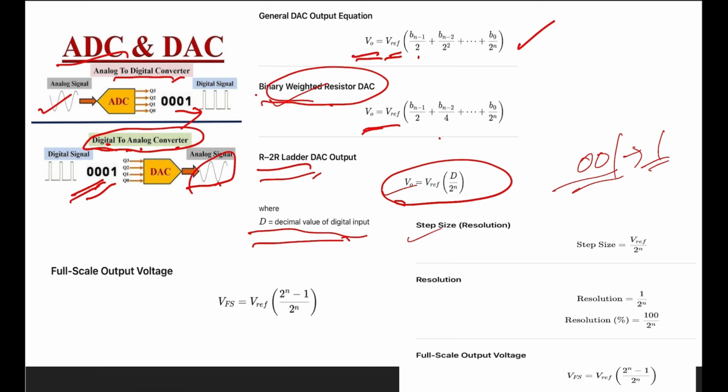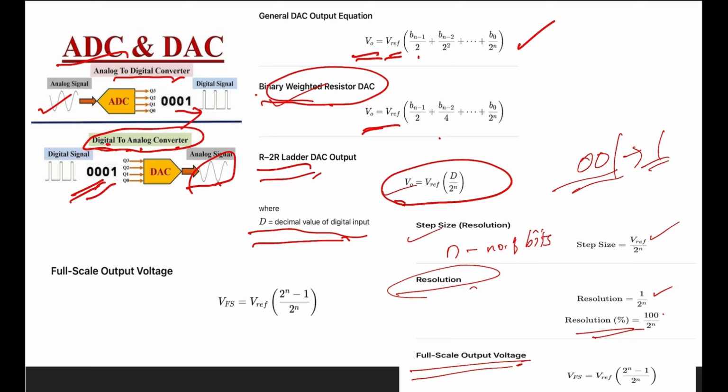The next important equation is the step size or the resolution, which is the reference voltage divided by 2 raised to n, where n represents the number of bits. The resolution can also be obtained as 1 divided by 2 raised to n, and the percentage resolution by multiplying by 100, that is 100 by 2 raised to n.